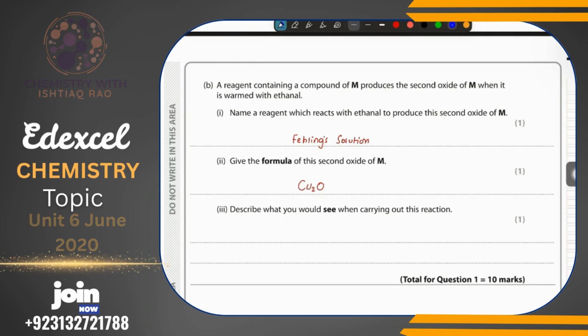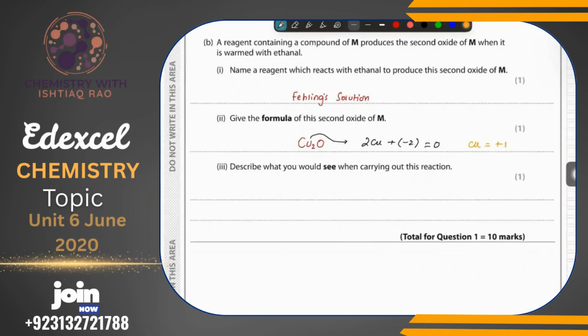So initially in Fehling solution, the copper in copper sulfate was plus 2, and after getting reduced, it changes into copper plus 1. That's why we get cuprous oxide, in which 2 copper plus oxygen is equal to 0, and copper would be equal to plus 1. That's the charge of copper in this oxide. So that's why it is getting reduced.